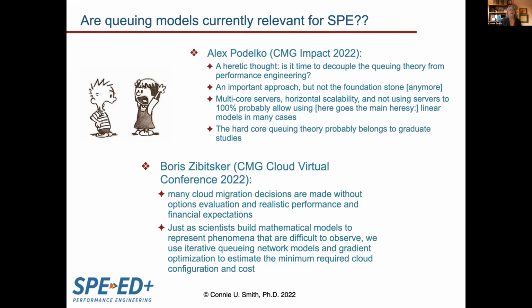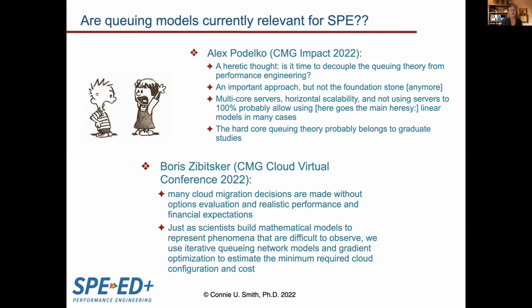He thinks that while it was important, it's not currently the foundation stone. With multi-core servers and horizontal scalability, we're not really using 100% of the machines anyway. So maybe we should leave those ideas to graduate studies and not have them be part of performance engineering anymore.